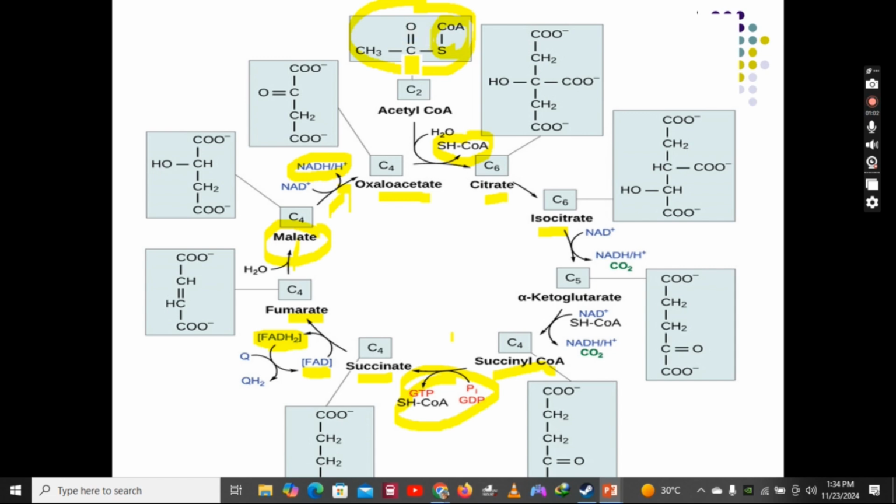What will be produced now is the compound called acetyl CoA. It only has 2 carbons. It's a 2-carbon compound.